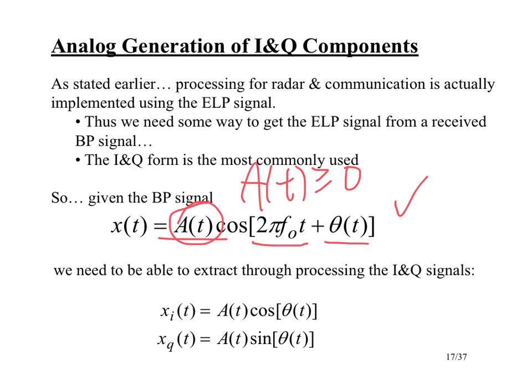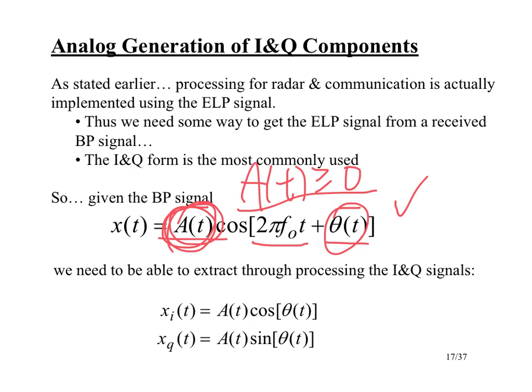Now, just in passing, this constraint that A of t be greater than or equal to 0 can be violated to some extent, but remember that as soon as you start flipping the sign on A of t, what you're really doing is flipping your phase by plus or minus pi, since plus or minus pi corresponds to -1 on the complex plane.